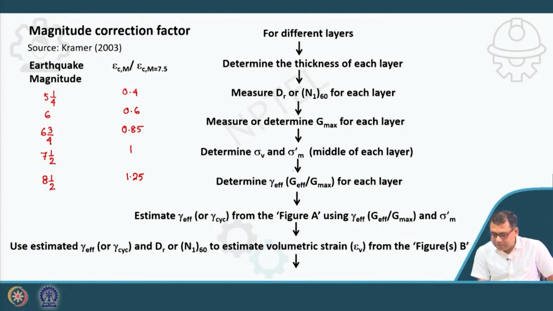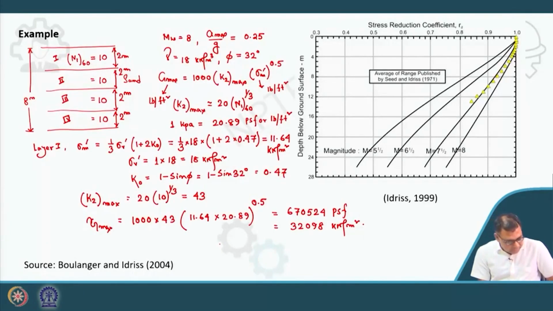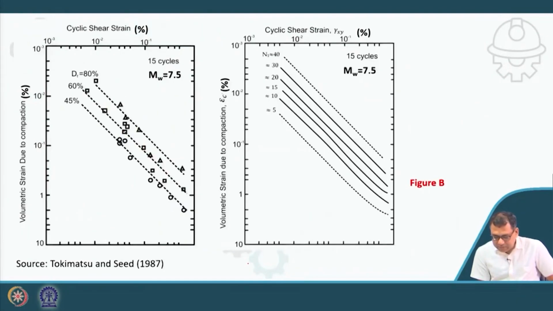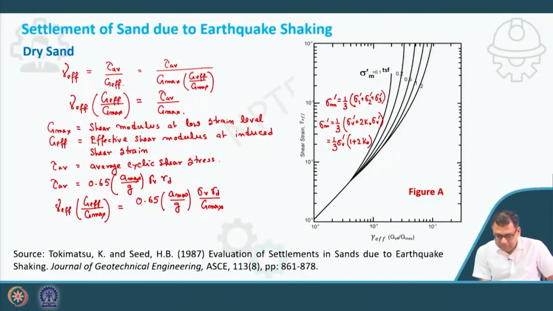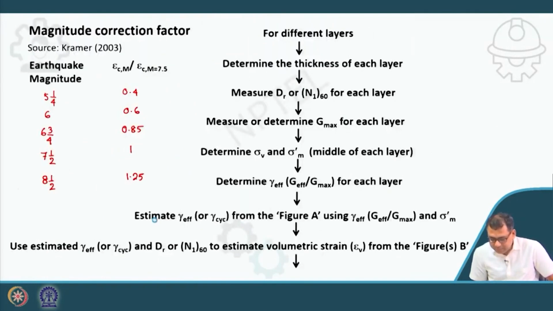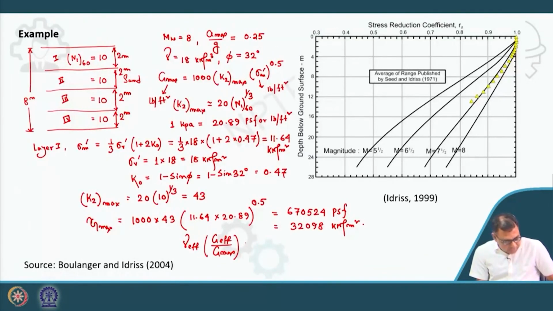Then I will determine this term, effective strain into effective shear modulus divided by maximum shear modulus. So how will I do that? I can get strain effective into G effective divided by G max. That expression is given. This is the expression, 0.65 into A max by g into sigma V into RD divided by G max. Okay. So I will use that.